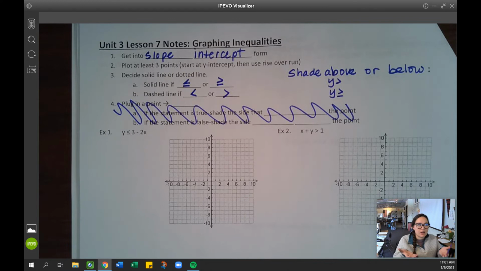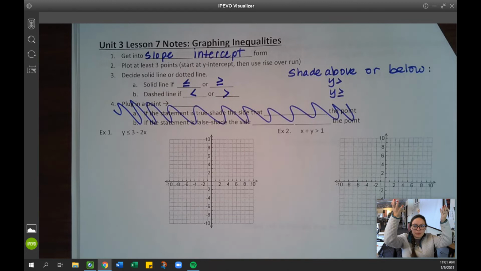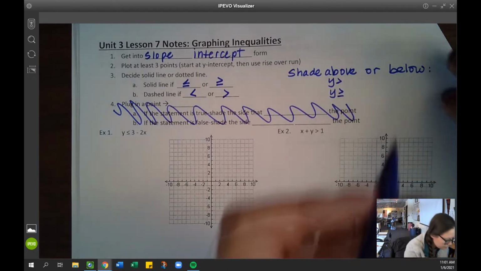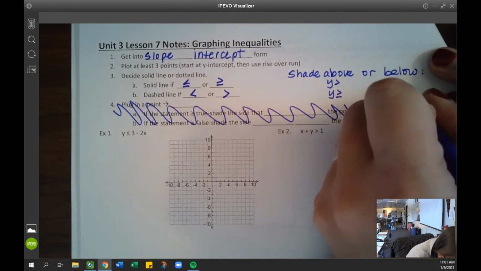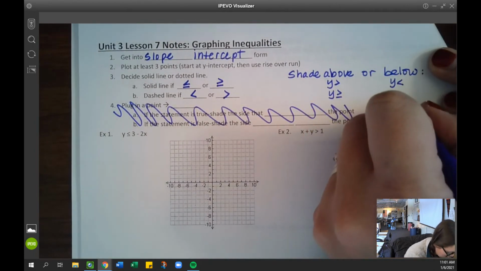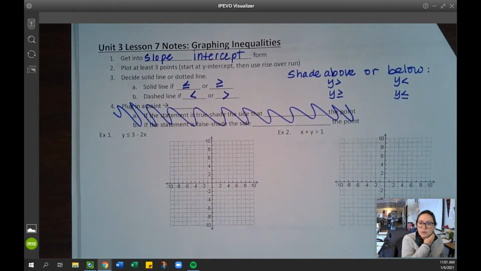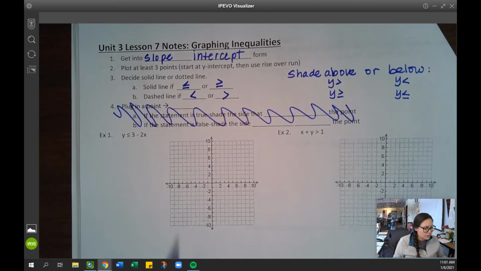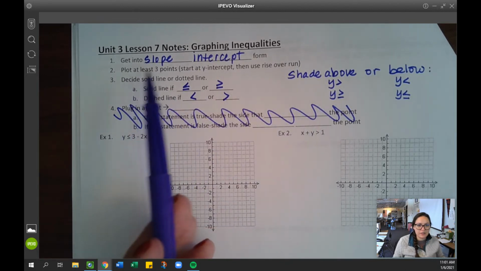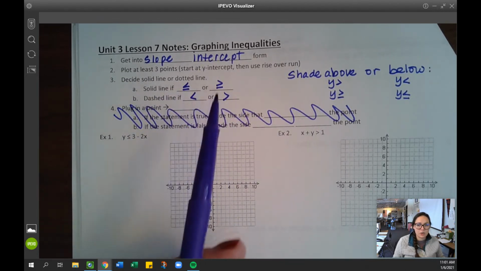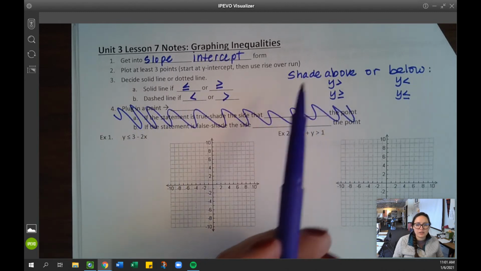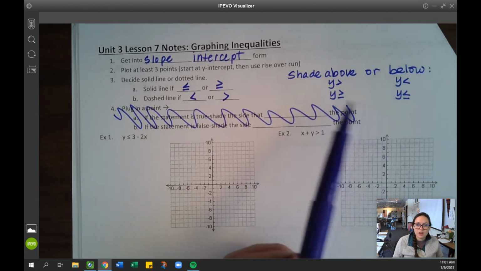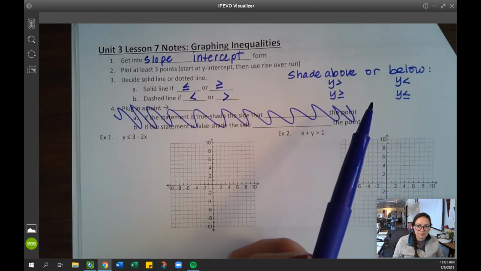The way that I think about it is that we want the side that's greater than the line, and greater numbers are up higher on the graph. We shade below the line if y is less than or equal to. So these are the major differences here. You have to decide if you're going to do a solid or dashed line, and then you have to decide if you're going to shade above or below the line.